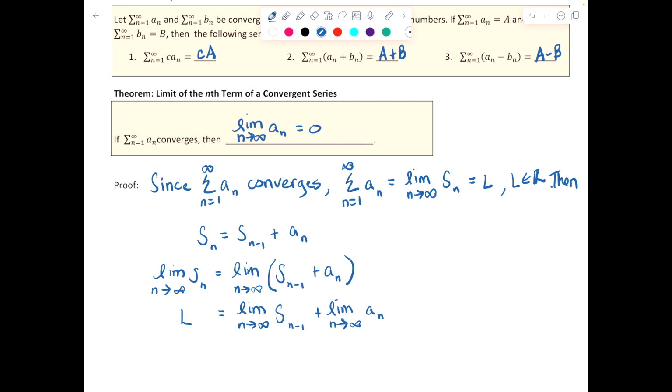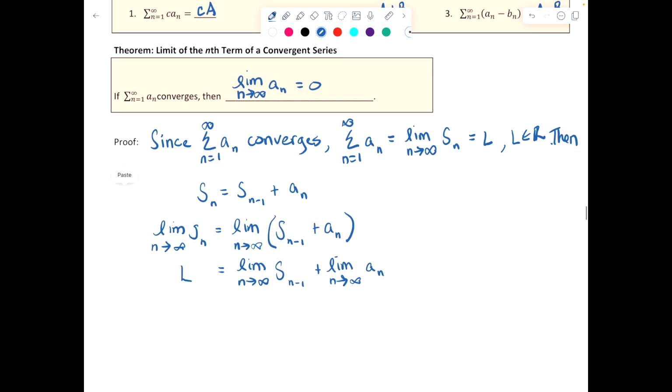So now we have that in there, which is nice. Well, if the limit as n approaches infinity of S sub n, which we found right above, is L, don't you think the limit as n approaches infinity of S sub n minus 1 would also be L?